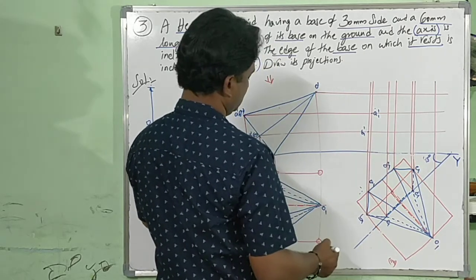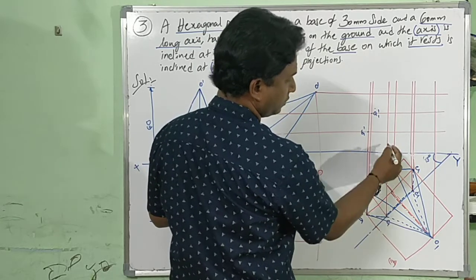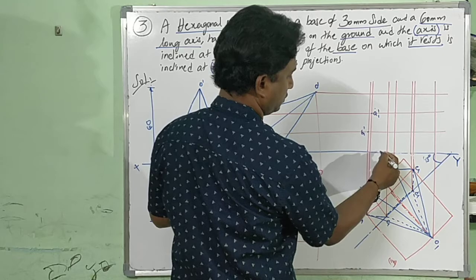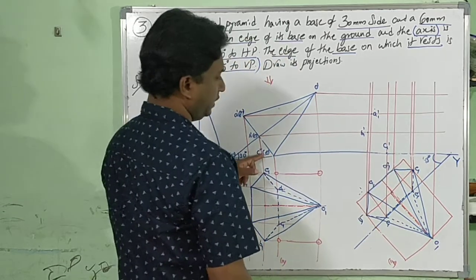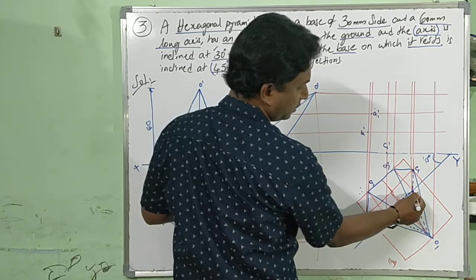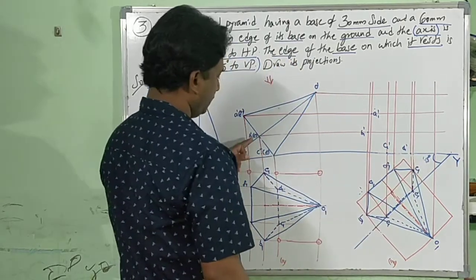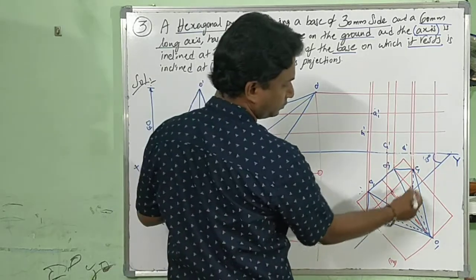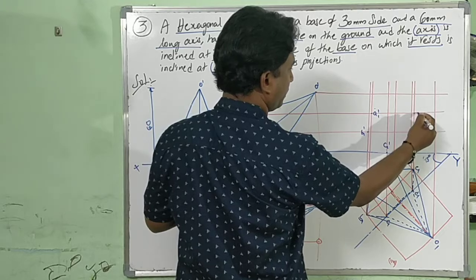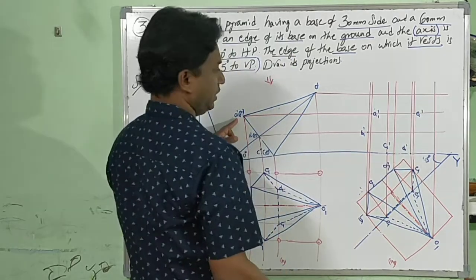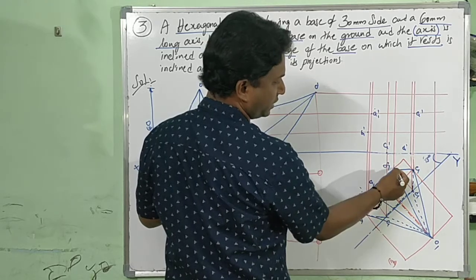B1 dash. C dash to C1 here. C1 dash, D dash here, right, which is inside, D1 dash, E dash to E1, which is outside, E1 dash, F dash to F1, F1 is here.